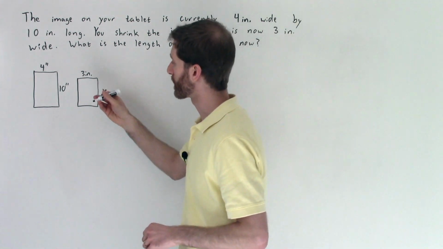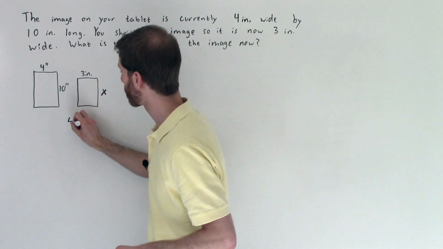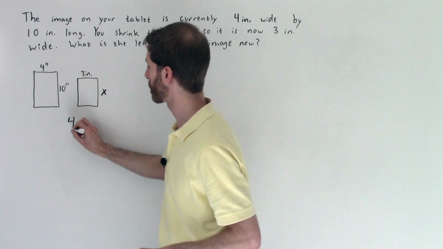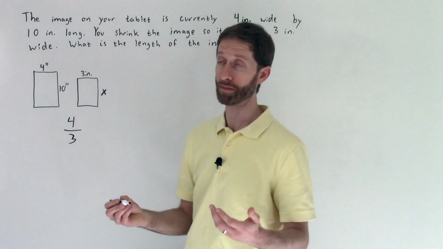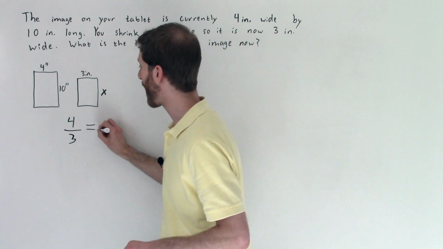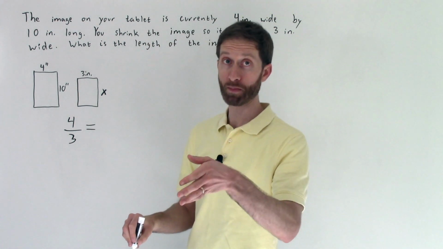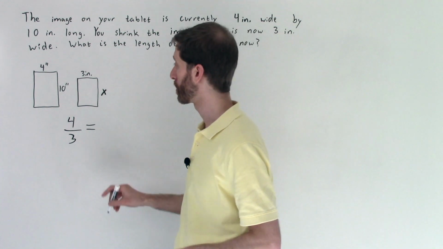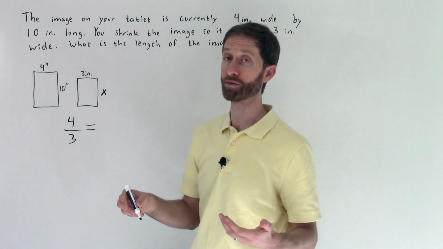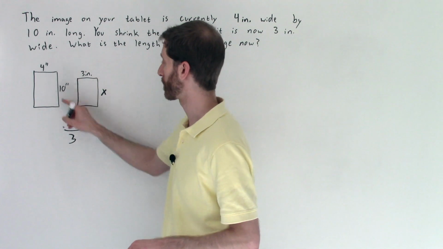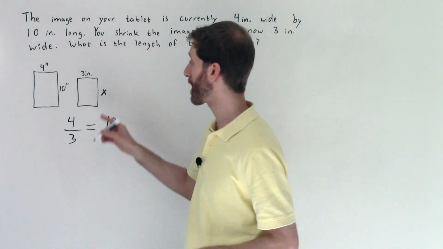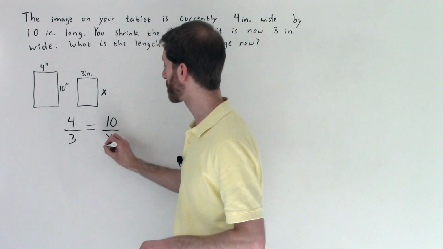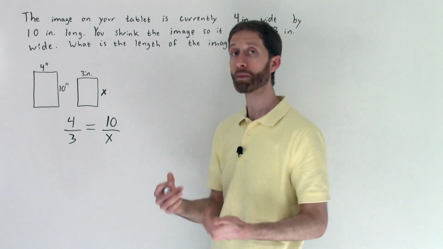So I look at this and I say the width of the larger picture compared to the width of the smaller picture or image is 4:3. That ratio of bigger picture to smaller picture will be maintained on the right side of the ratio. So we would have the bigger image, which is 10 inches, compared to the unknown amount x in the smaller. So again, here I went bigger to smaller.